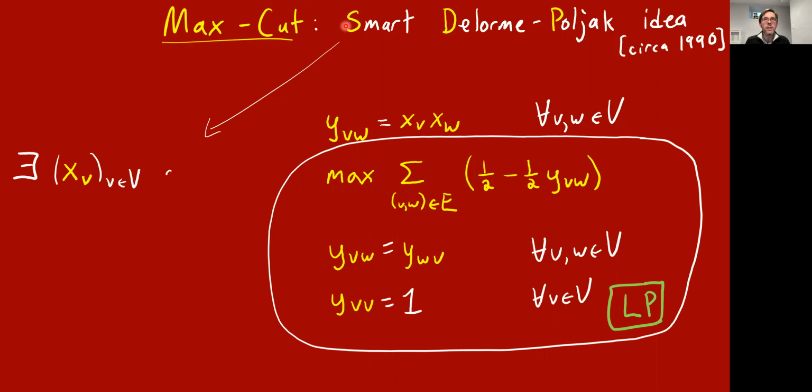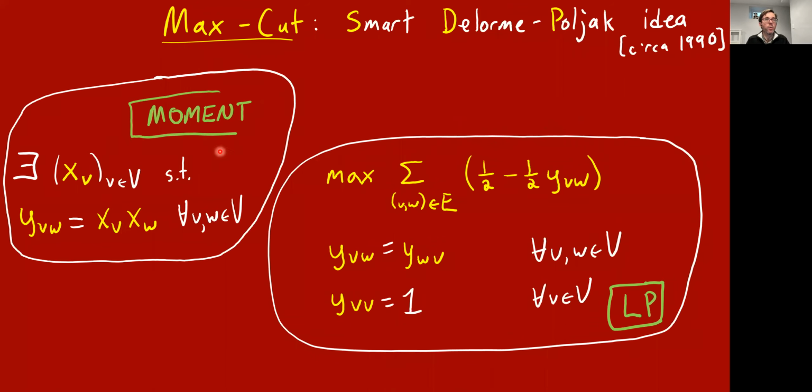So here's really the smart idea of Delorme and Poljak. It's going to say, let's take this LP, and imagine that we put this LP together with this weird constraint. And the constraint is, given the y's, just that there should exist some real numbers xv such that yvw equals xv times xw. So this is a weird constraint.